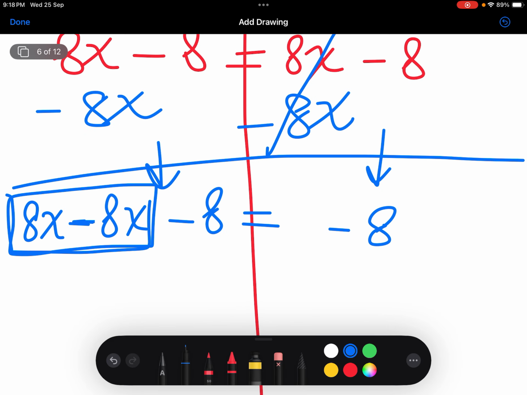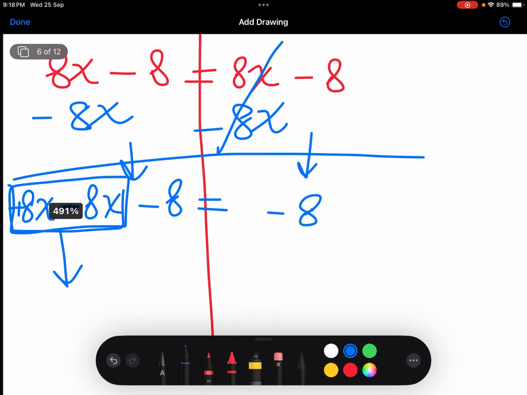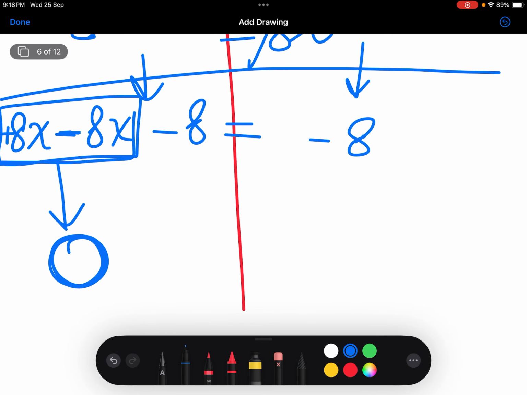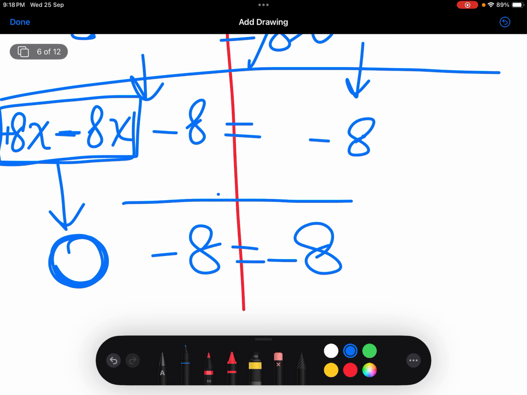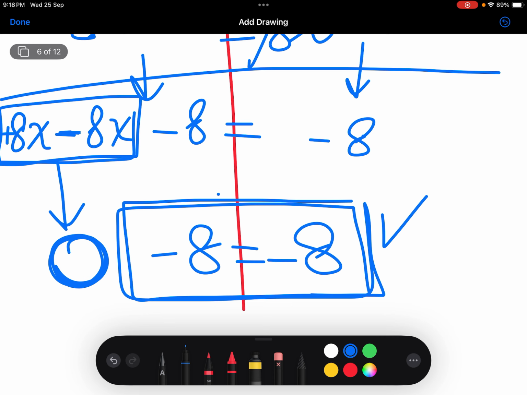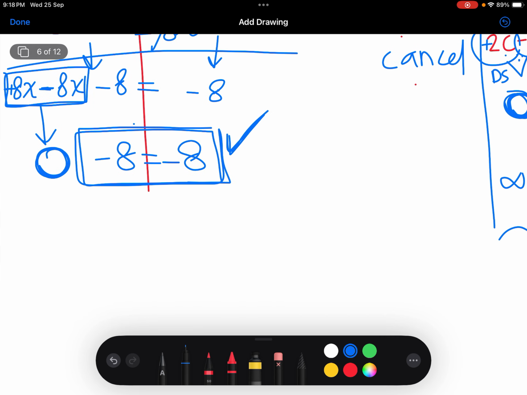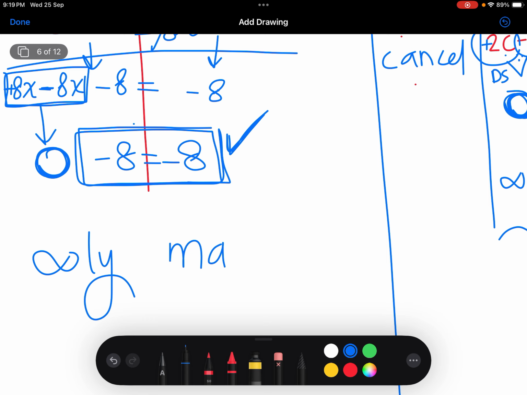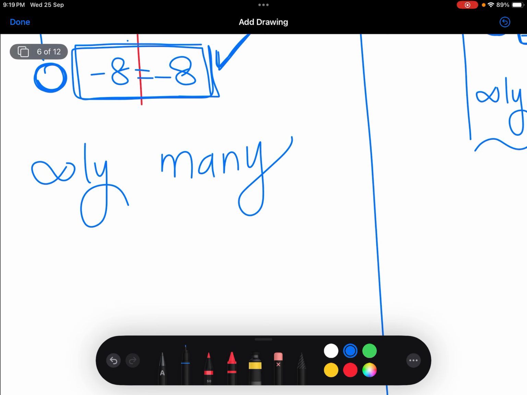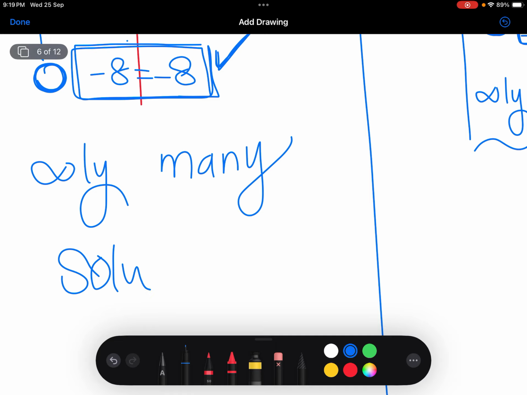One of them is negative, the other is positive. Different signs, subtract. 8x minus 8x is basically 0. What do I have? I have negative 8 equals negative 8. Ask yourself, is this true? Is negative 8 equal to negative 8? Yes, then my equation has infinitely many solutions.